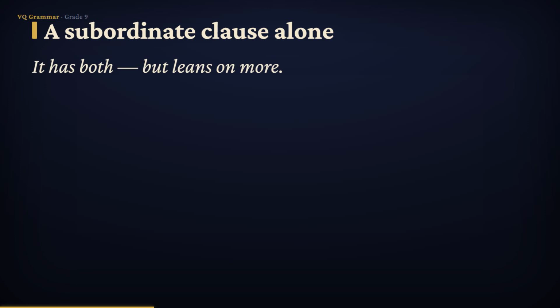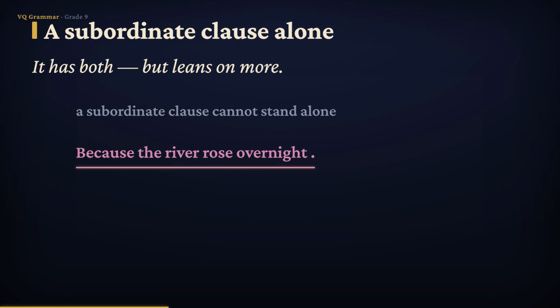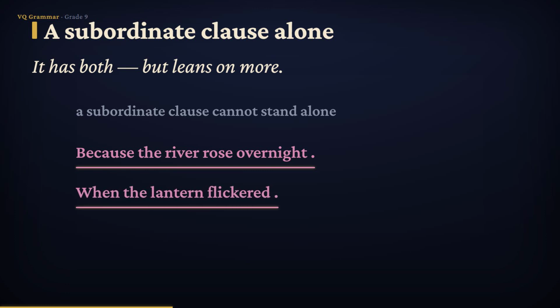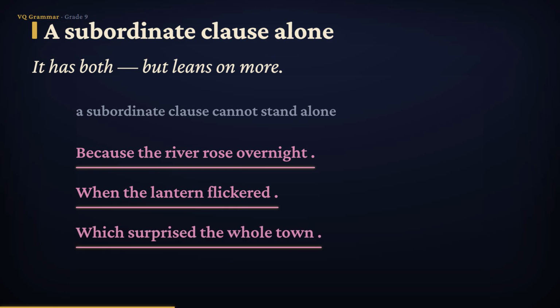The third kind is the sneakiest because it actually has a subject and a verb, yet it's still a fragment. It's a subordinate clause standing all by itself. Listen to these. Because the river rose overnight. When the lantern flickered. Which surprised the whole town.